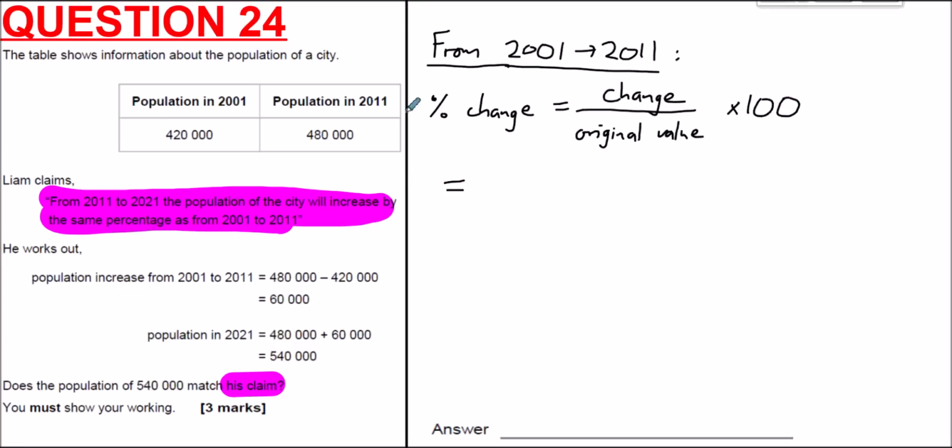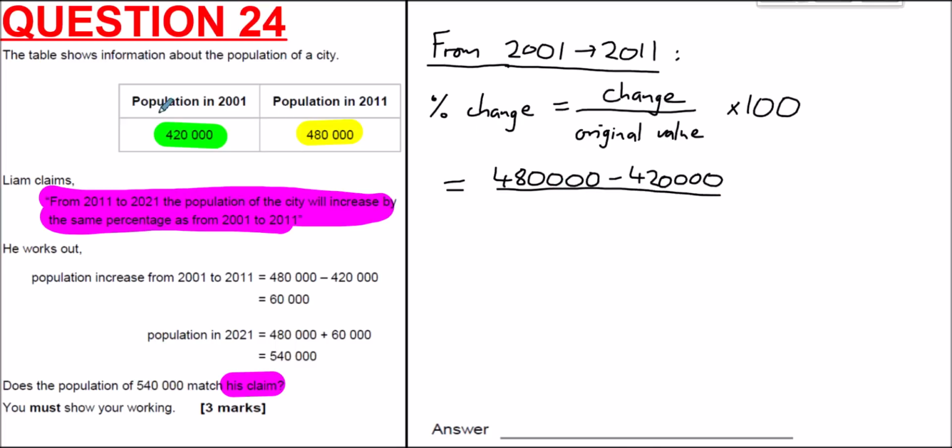And so the change we can work out by just taking the population in 2011 and subtracting the population that it used to be in 2001. And so the change is 480,000 minus 420,000 over the original value.